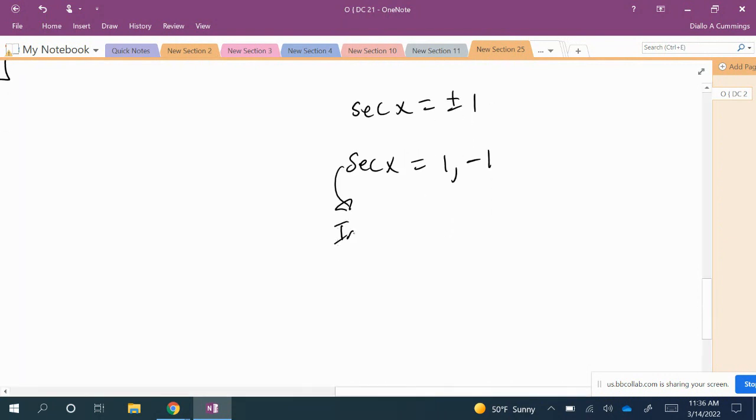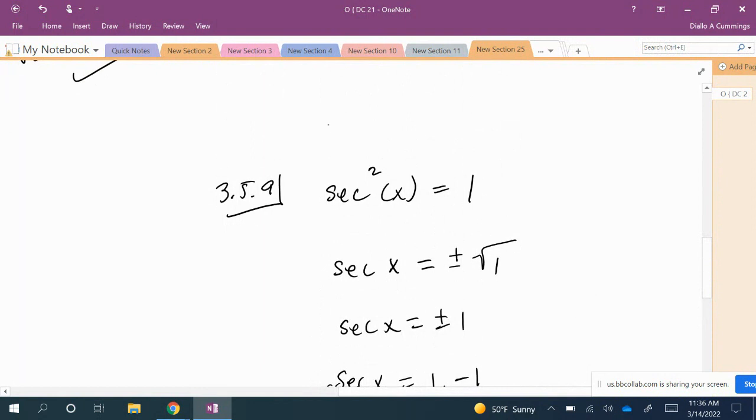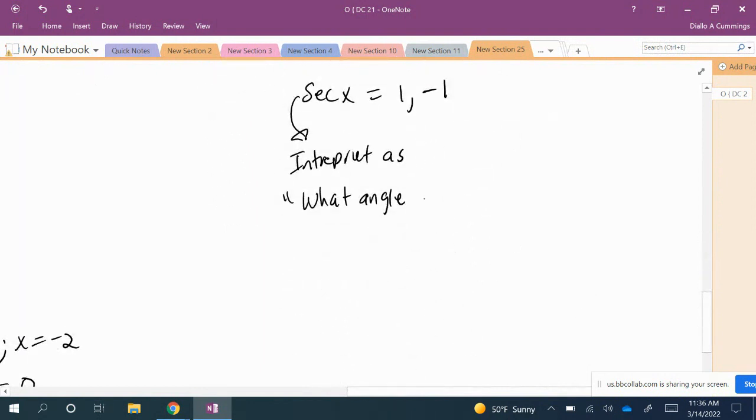So we're going to interpret this as: what angle in the interval from 0 to 2 pi has a secant value, and remember that the secant value is 1 divided by x, of plus or minus 1.